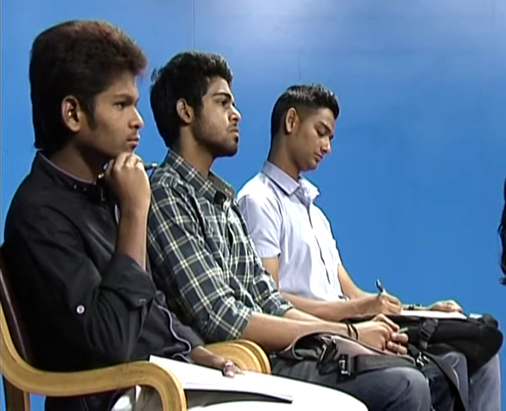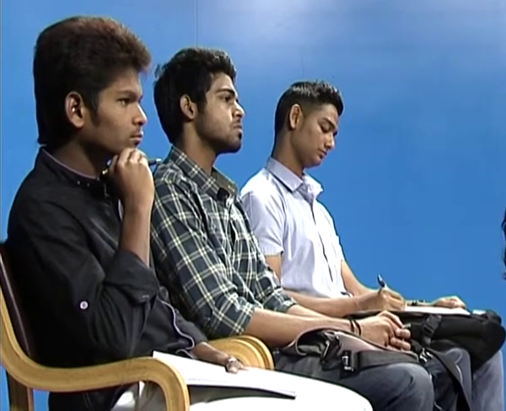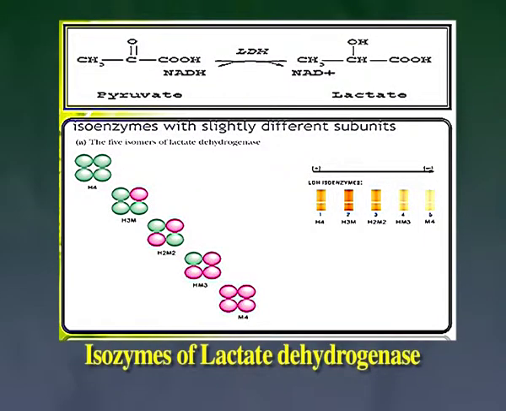The functional enzyme is tetrameric in the sense it has 4 subunits, and many different combinations of these two subunits are possible. The M4 isozyme functions optimally in an anaerobic environment, whereas the H4 enzyme does so in an aerobic environment.